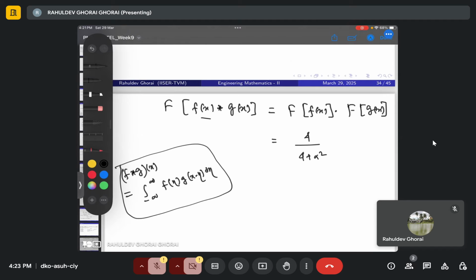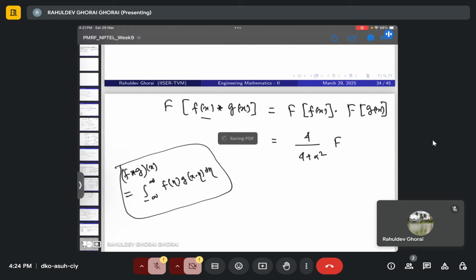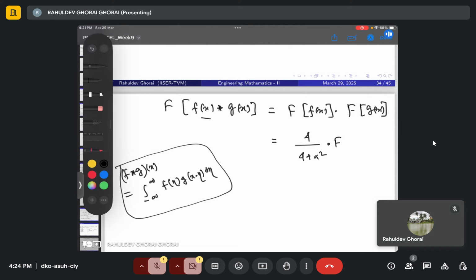Now what is g(x)? g(x) is nothing but f of x minus 2.